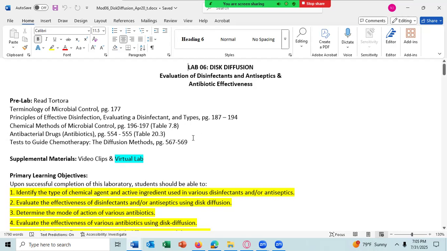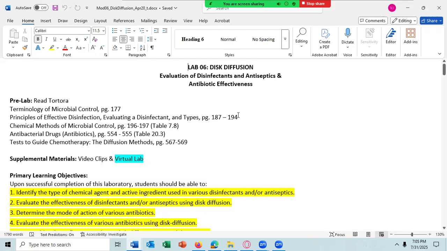Read about the chemical methods of microbial control, that's just page 196. Read about antibacterial drugs, antibiotics, page 554 to 550, and then take a look at table 20.3, and then read about the test to guide chemotherapy, the disc diffusion method, page 567 to 569.